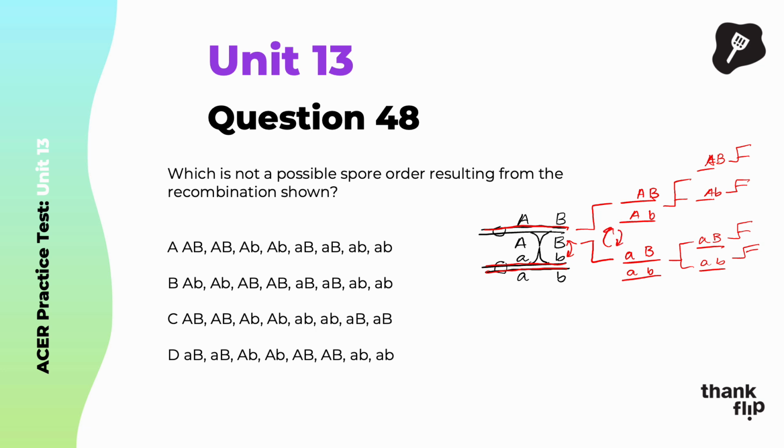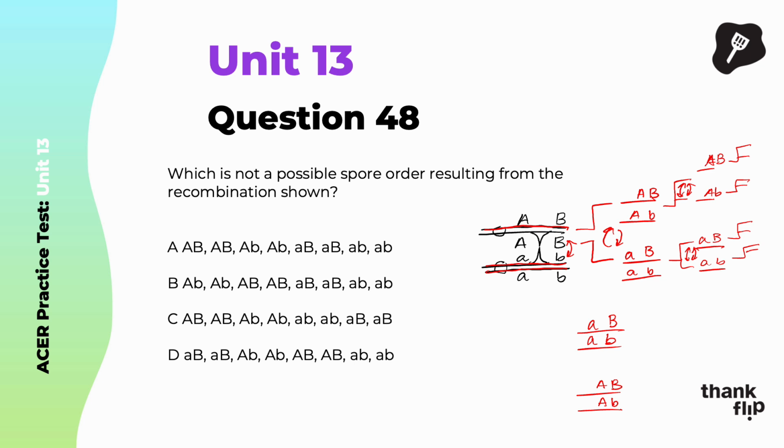So instead of getting this order, you could get A, B at the top, and lowercase a, b here. And then you could get A, B capital, and A, B lowercase down the bottom here. Okay, and so there's another point of swapping that can occur here. Not recombination, sorry, it's swapping around.